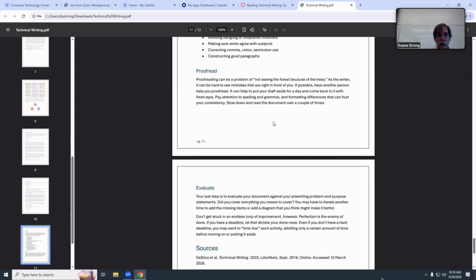And then the next activity is proofreading. As we talked about earlier, proofreading can be a problem because you're so involved in your own document, you can't see the forest for the trees. That's an idiom. As the writer, it can be hard to see your mistakes that are right in front of you. So if possible, have another person help you proofread it.